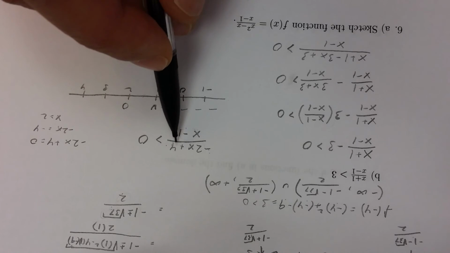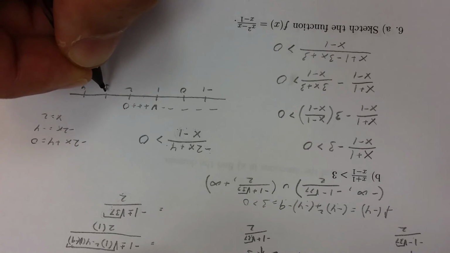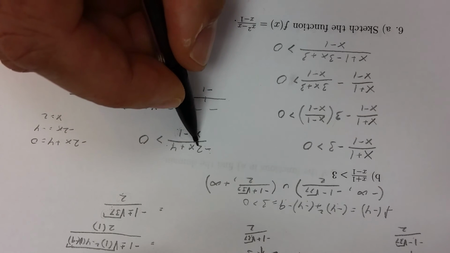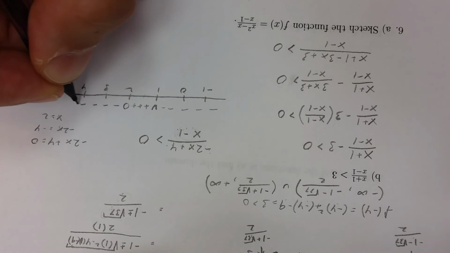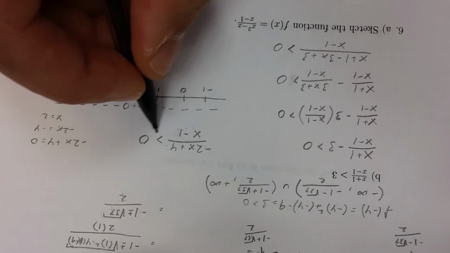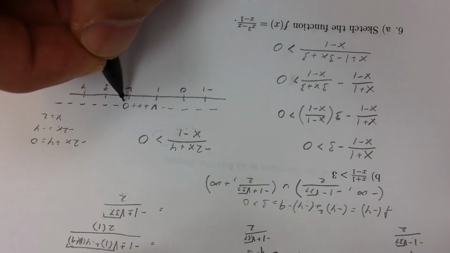They're both the top and the bottom are positive, so it will be positive here. And if I plug in 3, I'll end up with negative on the top, positive on the bottom, so it's negative over here. And this says I'm looking for the plus signs. Well, I see plus signs between 1 and 2.